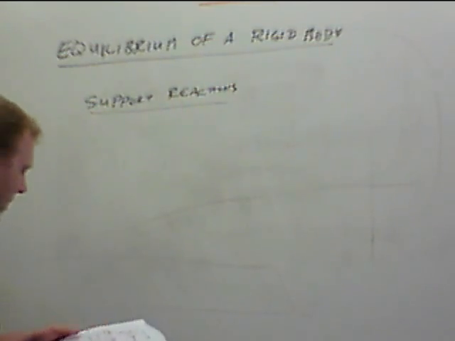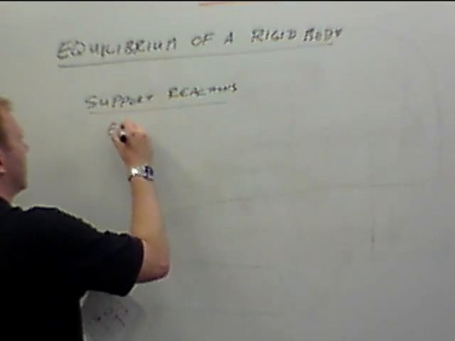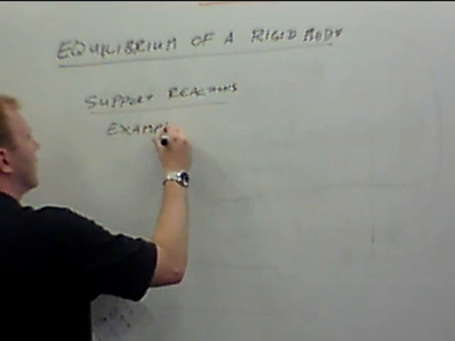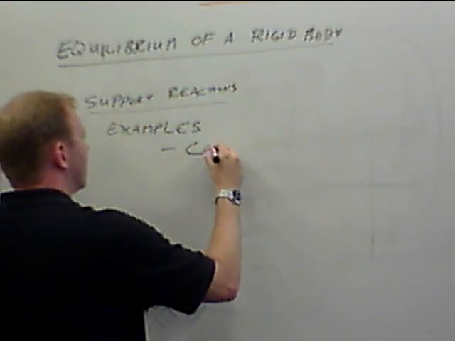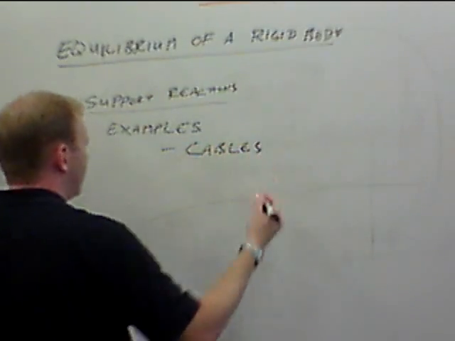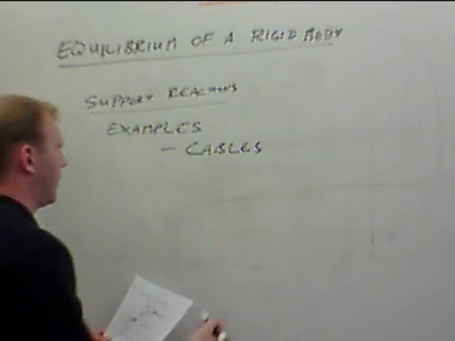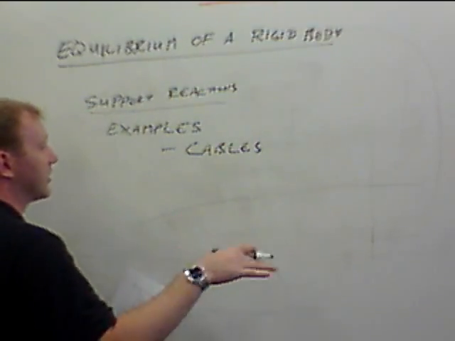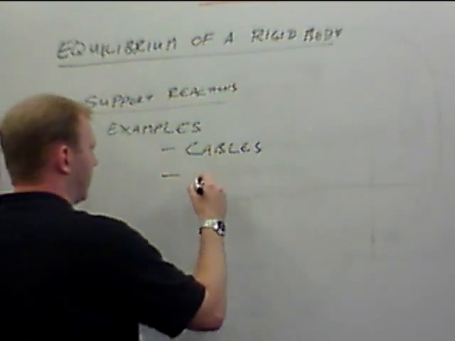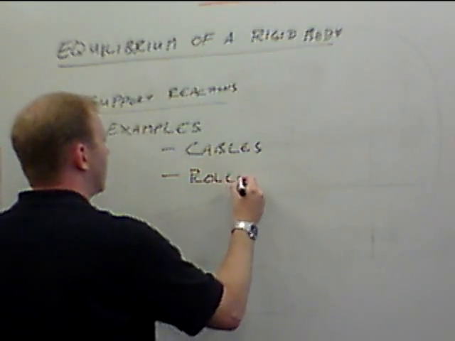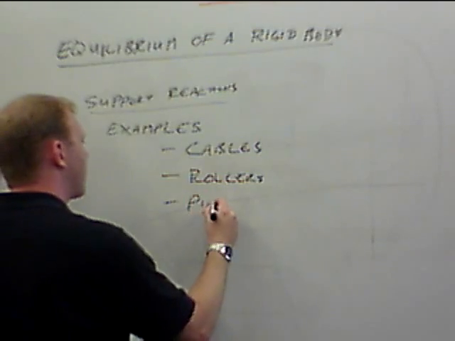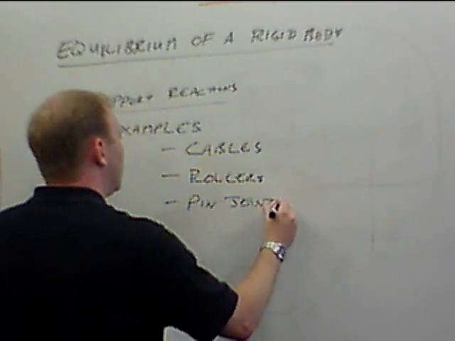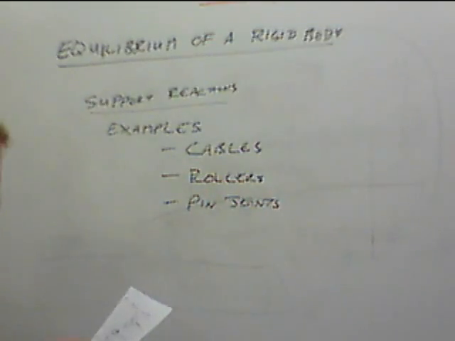Examples include cables, which you should be familiar with in terms of using tension to support an object, rollers, pin joints, bearings. There's a whole number of these things.